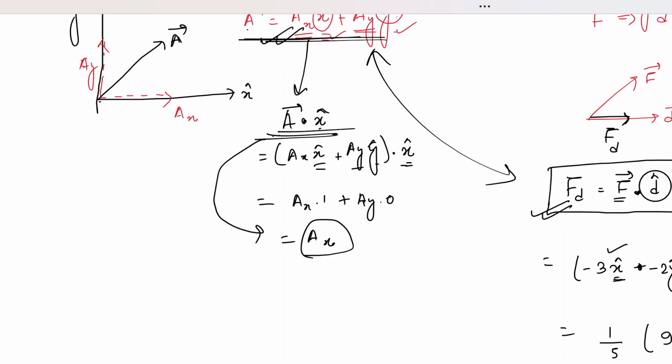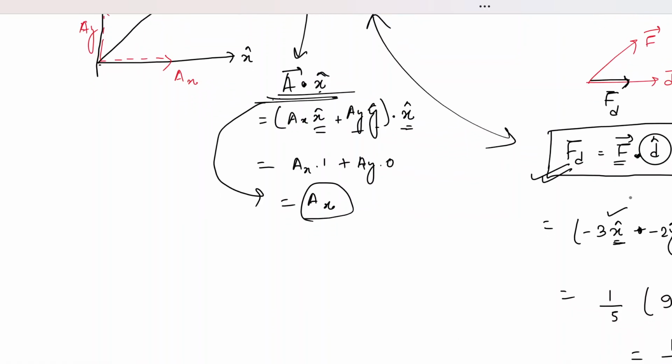Then you have z cap, and there is no z cap here, so 6 times 0 is 0. So here you have 1 by 5, which is 0.2. The unit will be Newton because it's the force. So the component of the force along the direction of the displacement is 0.2 Newton.